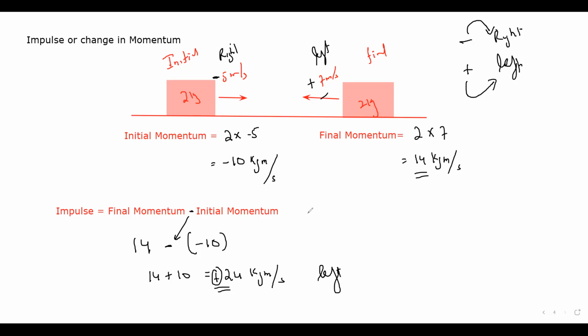Is this example clear? So when we calculate the impulse or change in the momentum, it is final momentum minus initial momentum.